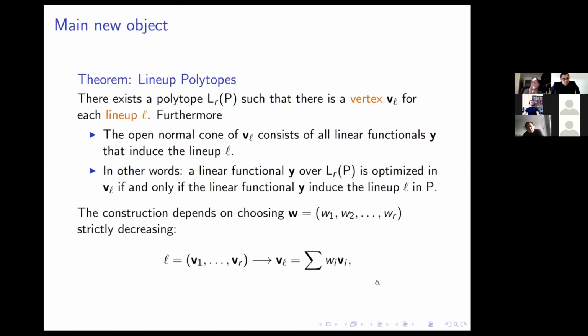So we go from lineups to vertices. That's more or less what we do, and there is a lot of compatibility with this. You are optimized in this vertex. This vertex optimizes a certain linear functional over this new polytope if and only if the linear functional was inducing the certain lineup on P. So we go from lineups to vertices. That's all I want to say in a way that makes sense.